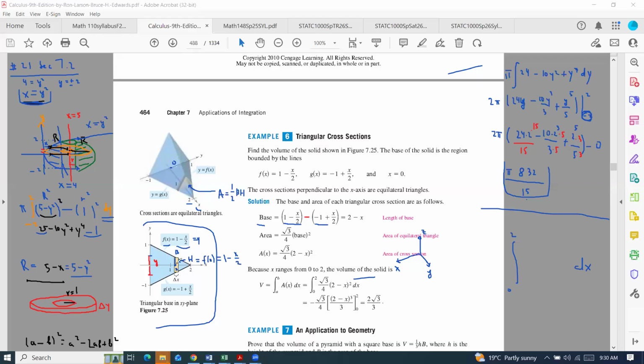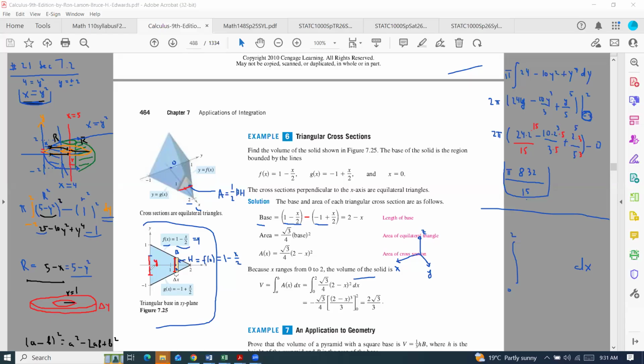So the triangle has the base here. So maybe I can refer to the base on the picture so that way it'll be a little bit better. So where is this triangle, first of all? So the triangle is here. So please notice that it's doubled.